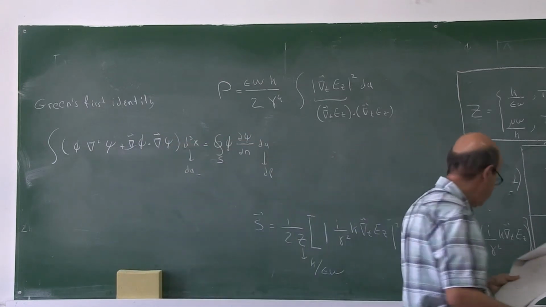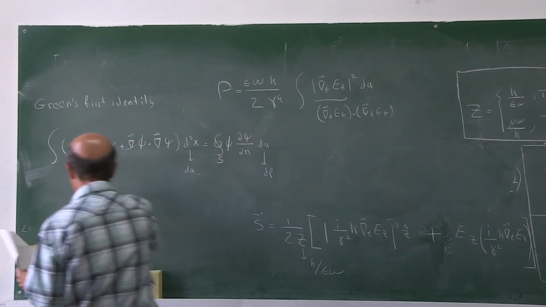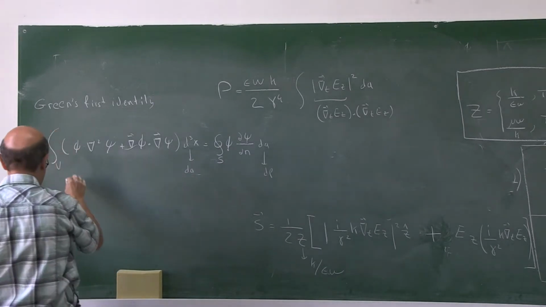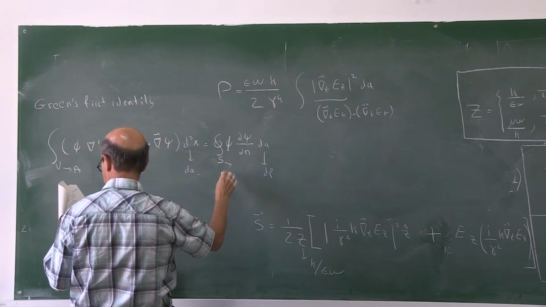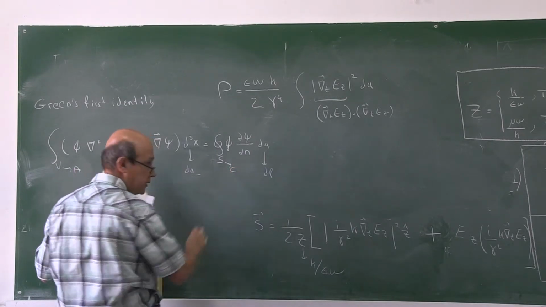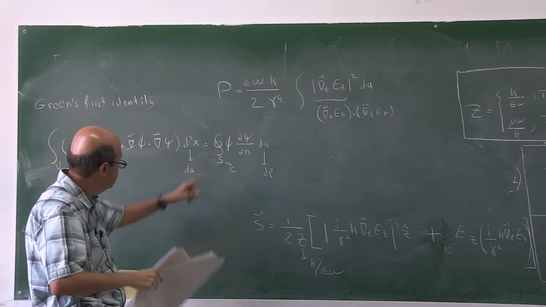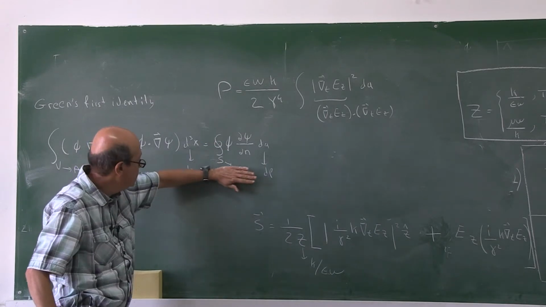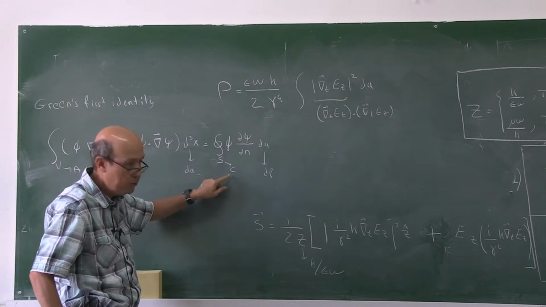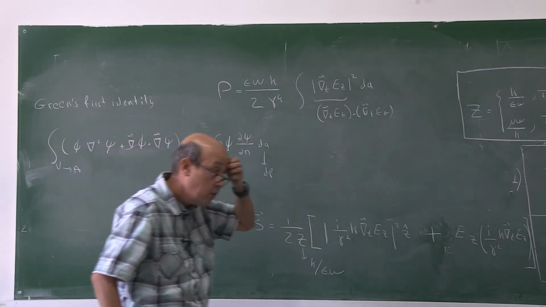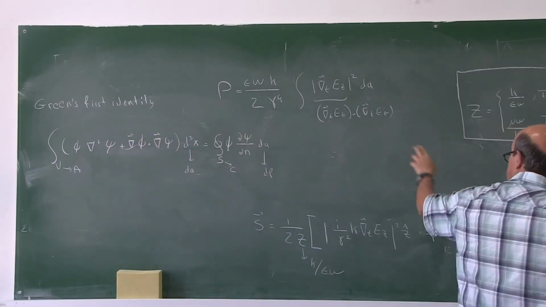Instead of volume and surface, volume goes to area, and surface goes to contour integral. This is a closed surface in 3-dimensional, but if you drop the degree 1, the dl turns to be a contour integral. So how can we apply this to the integral here?